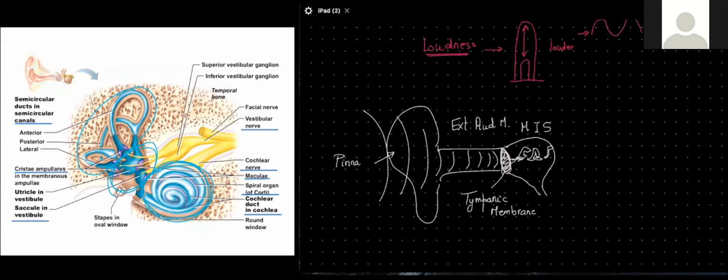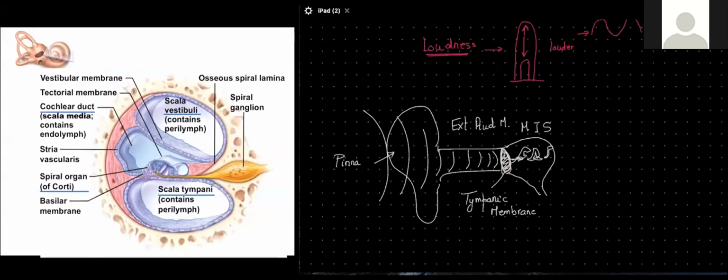The organ that's going to be responsible to detect hearing is going to be the cochlea. This is where I have the organ of Corti, which is the receptor responsible to detect hearing. So the vibrations have traveled from the stapes, and now they are moving the fluid inside the cochlea.